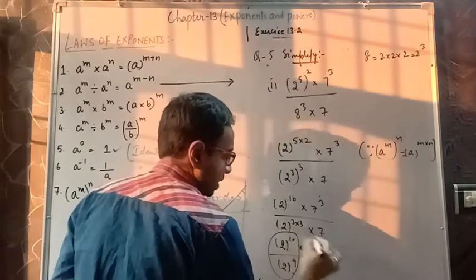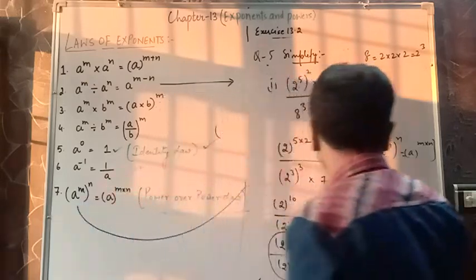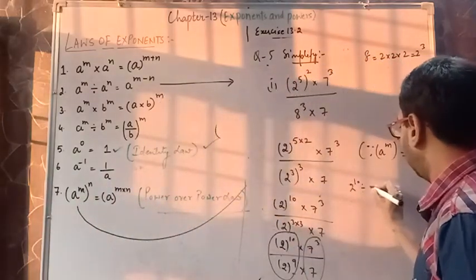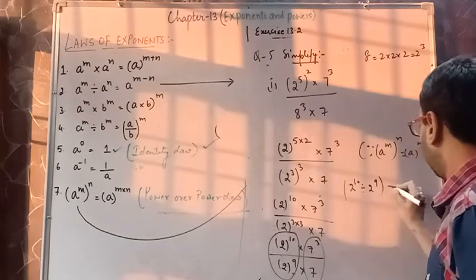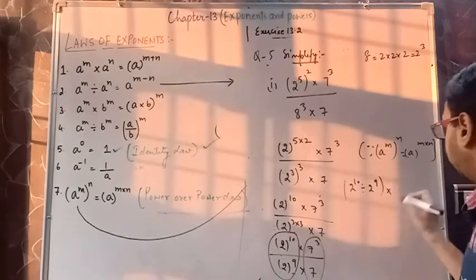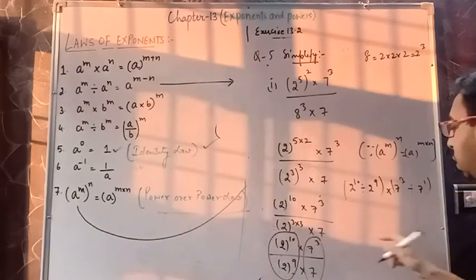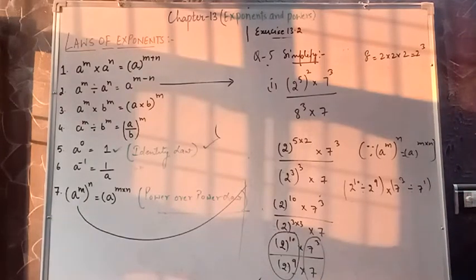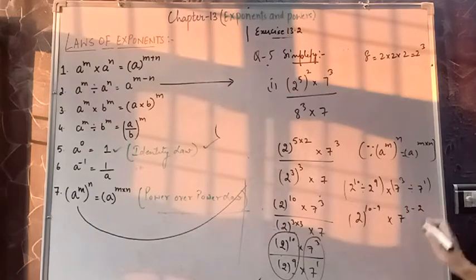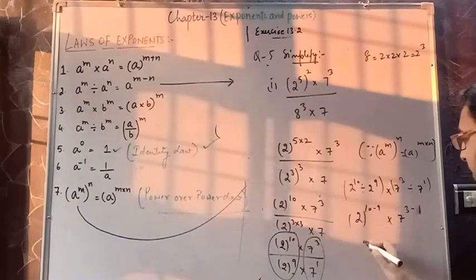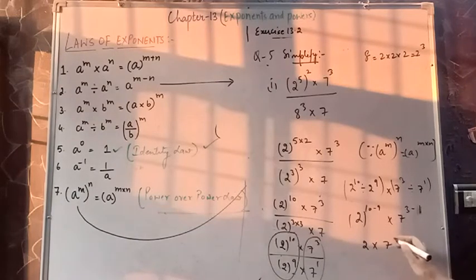Now I can write this as 2 raised to power 10 divided by 2 raised to power 9, multiplied by 7 raised to power 3 divided by 7 raised to power 1. I told you, if no power is there, power is always 1. 2 raised to power 10 minus 9 multiplied by 7 raised to power 3 minus 1. You'll be getting 2, and here 7 raised to power 2.